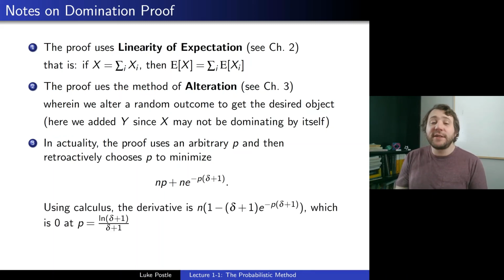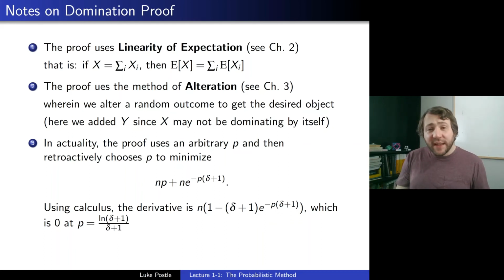Using calculus, you can take the derivative of that, which is n times 1, because the derivative of p is 1, minus n(δ+1)e^(-p(δ+1)). Set that equal to 0, which will give the minimum, and that will be 0 when p is equal to ln(δ+1)/(δ+1). So really, you do the proof first, which is very typical, and then you figure out retroactively what the value should be using some calculus.